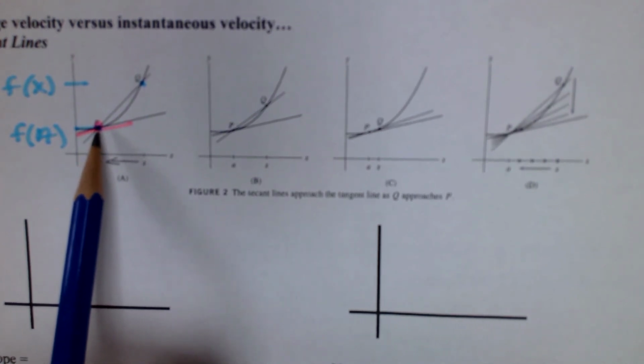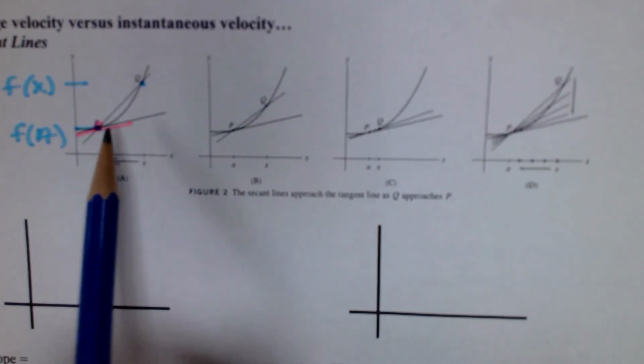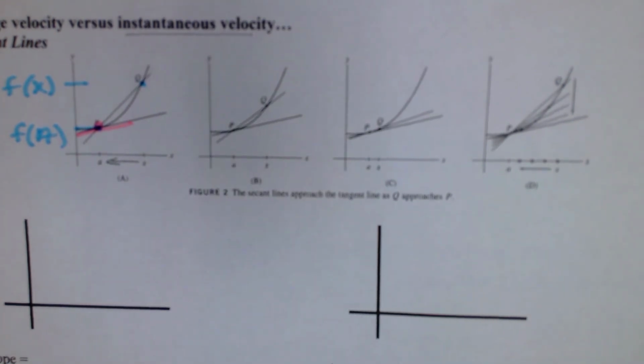And in terms of questions that could be asked of you, the tangent line, the pink line, we also called instantaneous velocity or instantaneous rate of change.